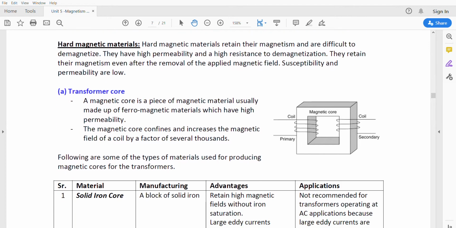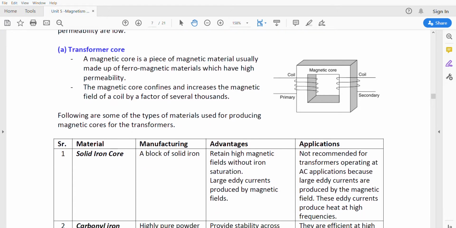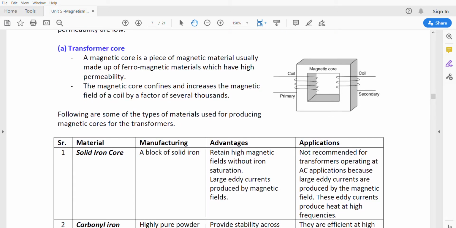So what are the best applications of these magnetic materials? These materials are used in transformer cores. We know that a transformer is made up of a primary inductive coil and a secondary inductive coil. The magnetic core is a piece of magnetic material, usually made of ferromagnetic materials. Mainly ferromagnetic materials are used because they have high permeability.